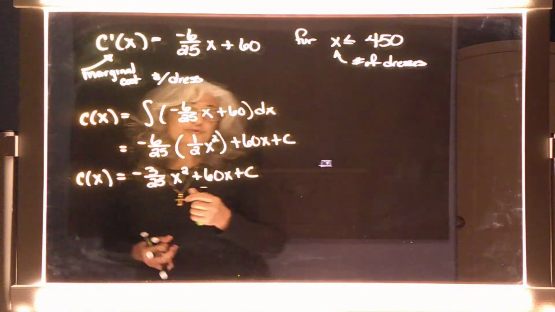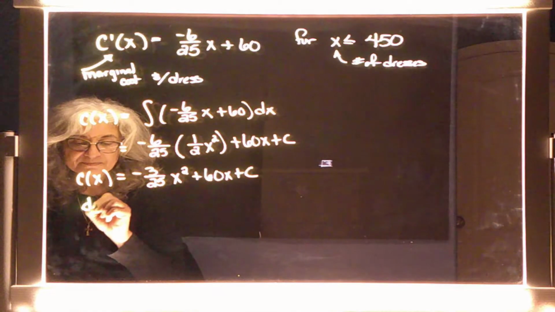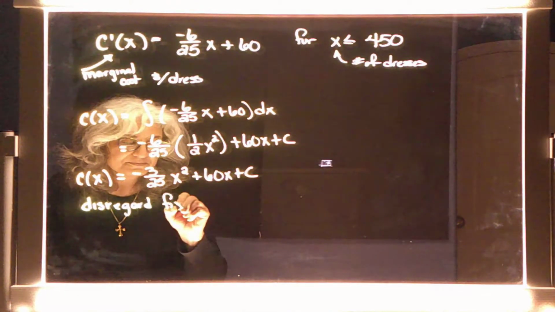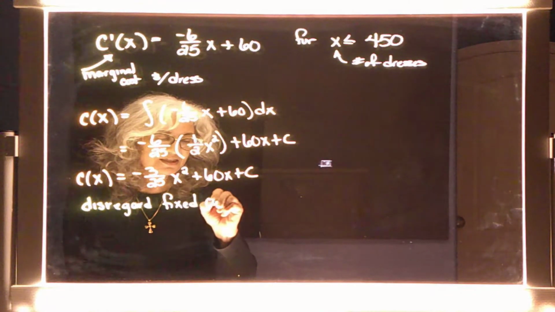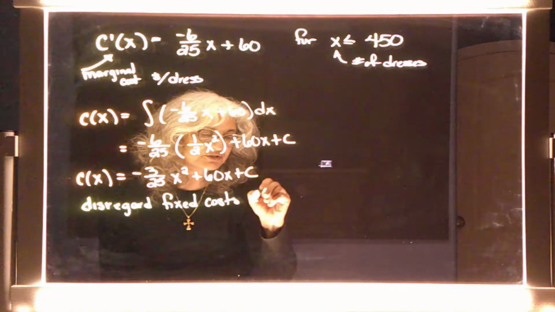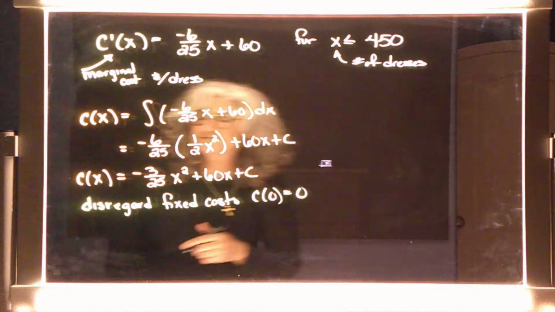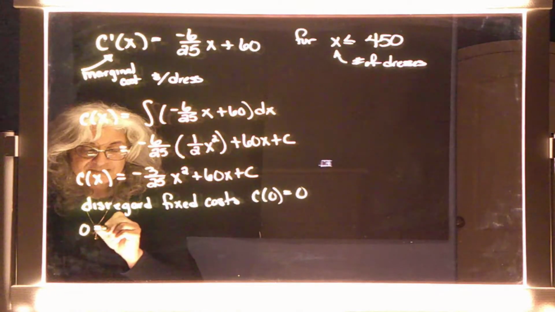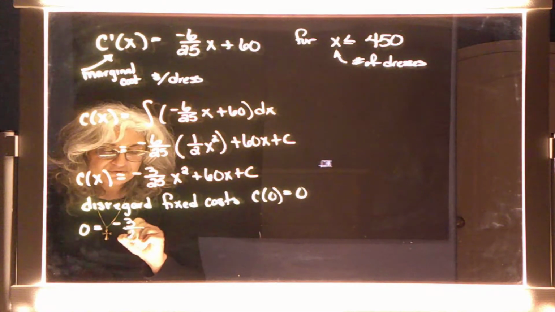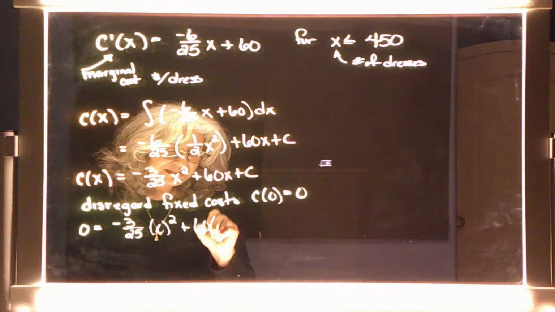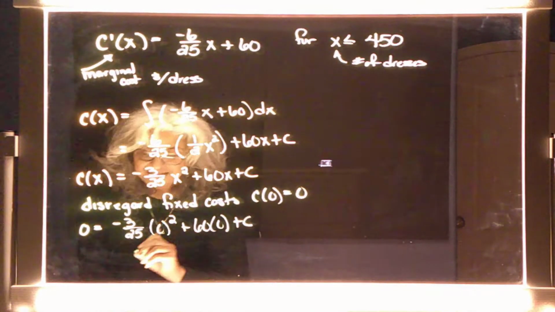Okay, so disregard fixed costs, which means the cost of producing 0 dresses is going to be 0, which means we end up with 0 equals negative 3/25 times 0 squared plus 60 times 0 plus c.